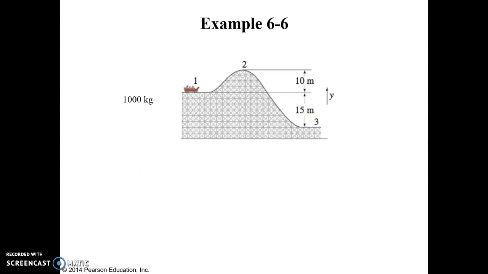I think the simplest way would be to call the elevation of point 3 down here 0, and then measure up 15, and another 10 makes 25. Call that 25, and then we can calculate the potential energy difference between points 2 and 3 all in one step.